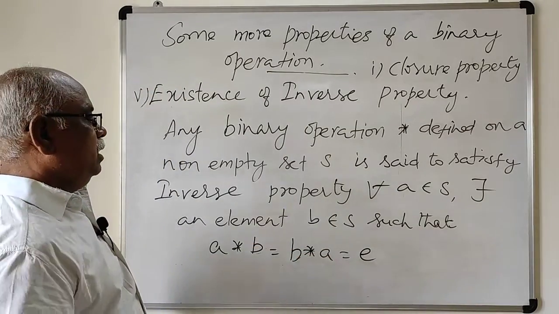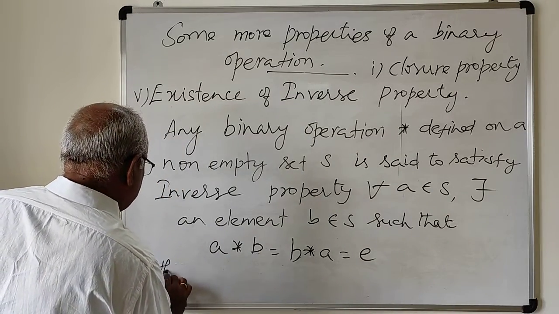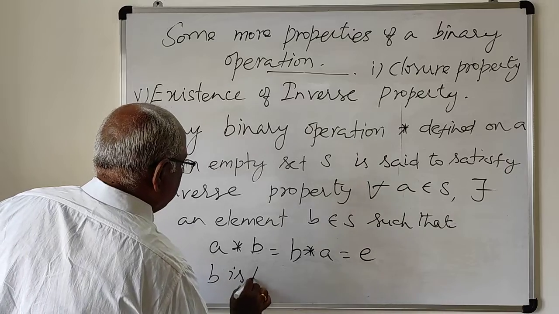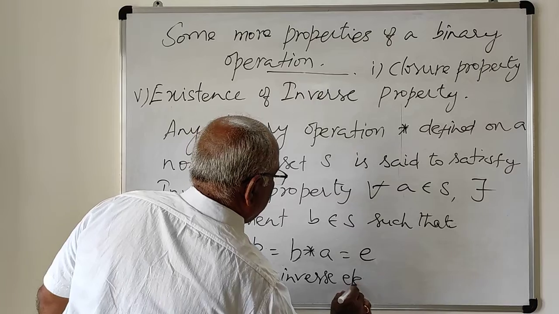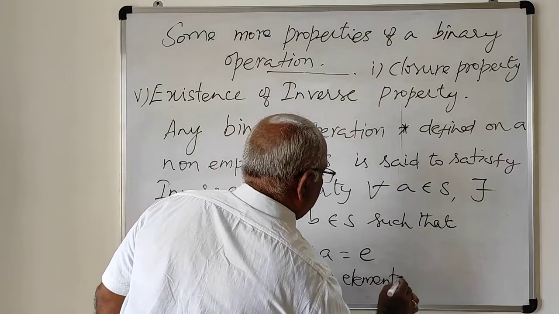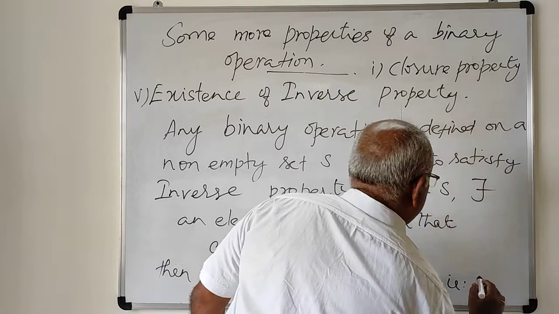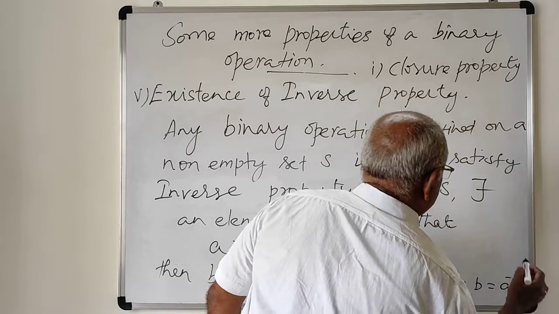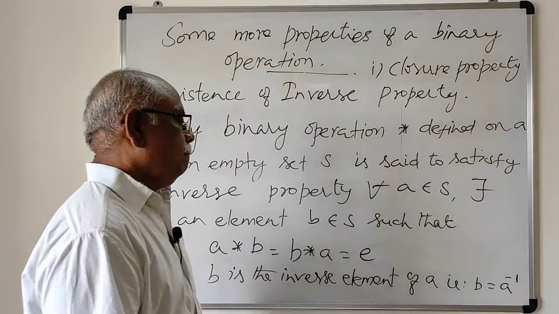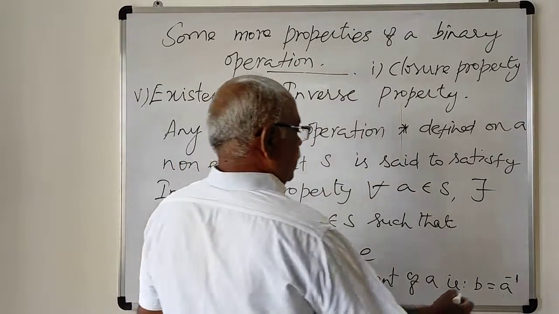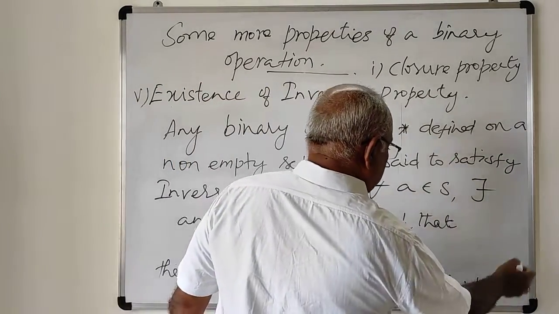Then b is called the inverse element of a. We can write it as b equals a inverse, and it is denoted by a inverse.